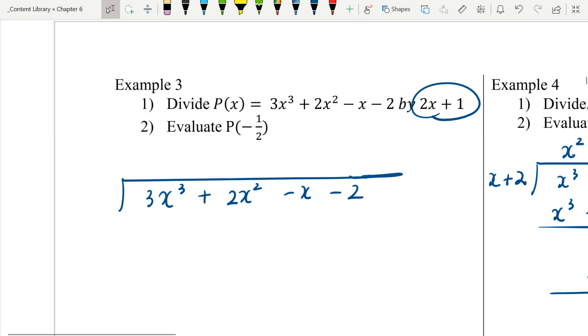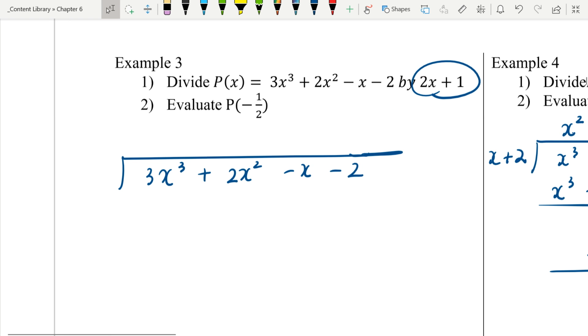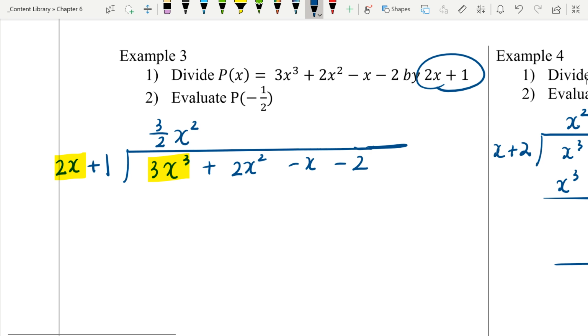Okay, now let's have a think. 3x cubed plus 2x squared minus x minus 2, no missing terms, which is good. And I have 2x plus 1. Okay. This one divided by that one. We have 3 over 2 x squared.